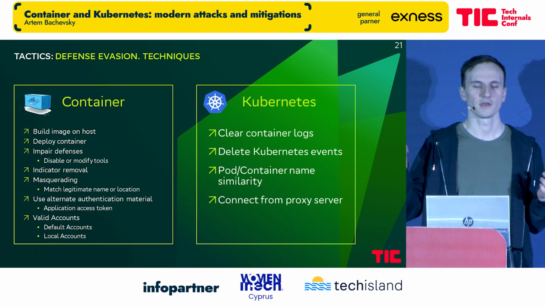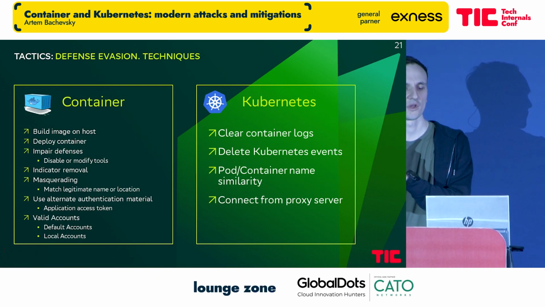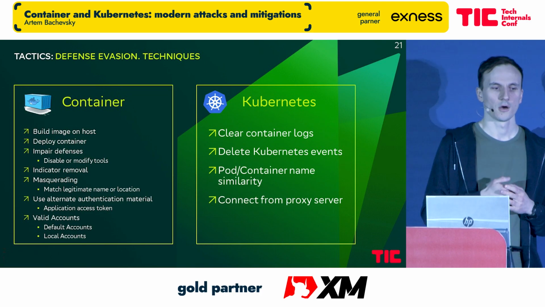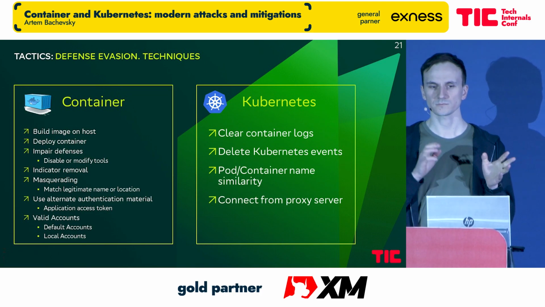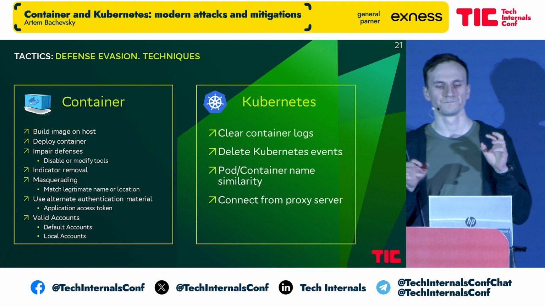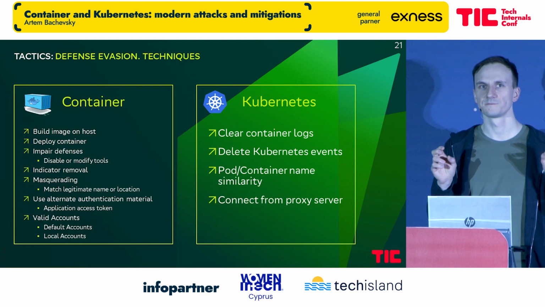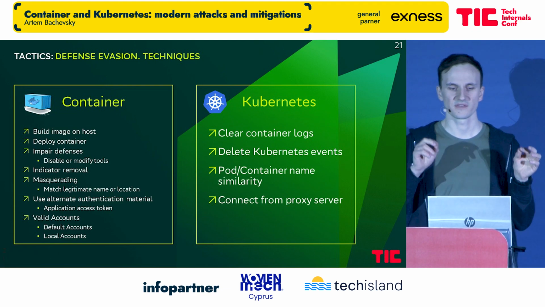Or you could just remove the indicators of compromise. It could be something like logs inside a container. It could be Kubernetes events. Or you could use an approach like masquerading. You try to look like a legitimate asset.